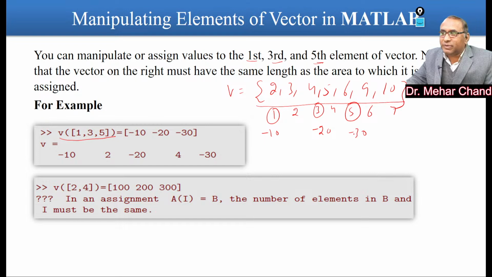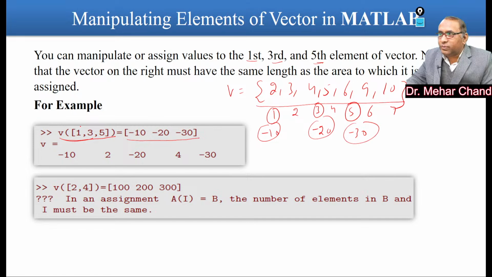So what happens when we enter this? This is the left hand side, and the positions of the elements which we want to replace are 1, 3, 5. The 3 elements we want to replace with the new values, which are -10, -20, -30.